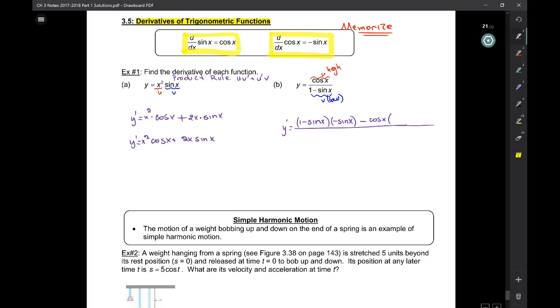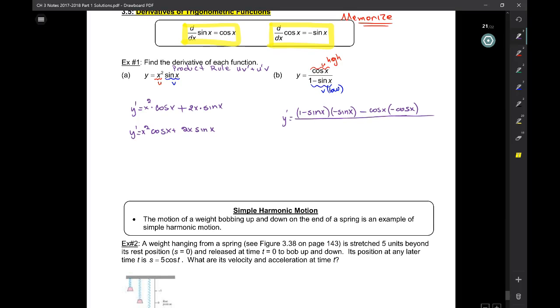What's the derivative of the low? The derivative of 1 will be 0 minus cosine x. Negative sine x was the derivative of the high. So it's low d high minus high d low over the low one squared.